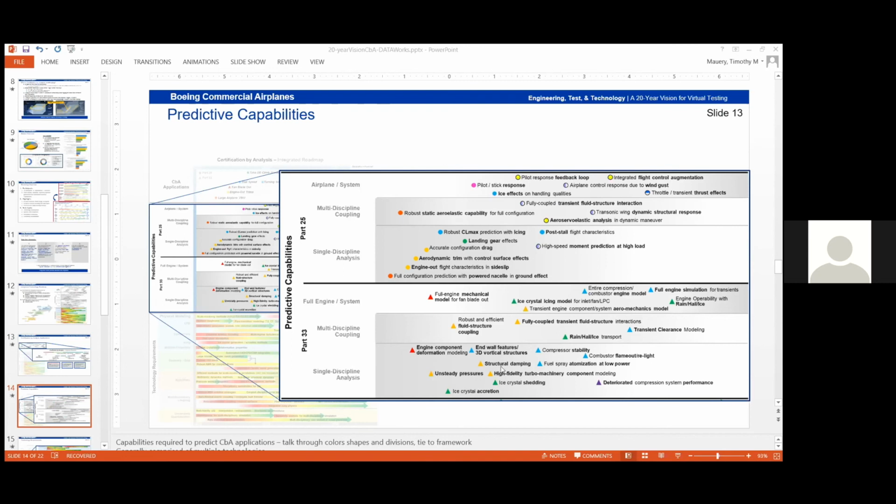So the triangles represent engine capabilities, and the circles represent the airplane capabilities.